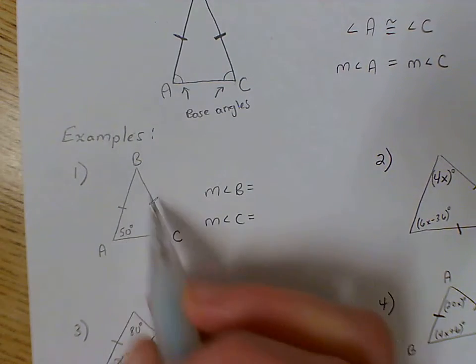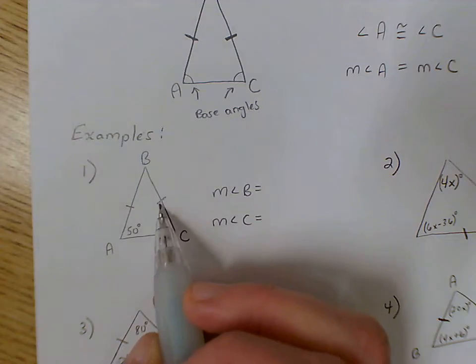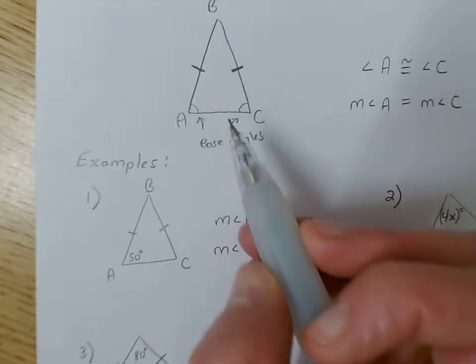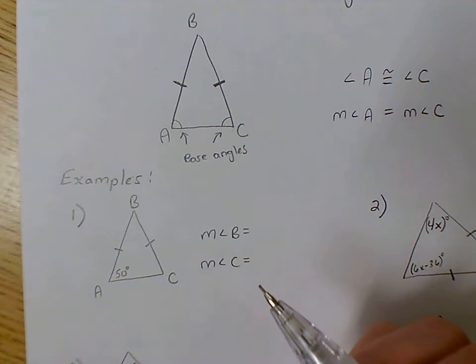When you're looking at a triangle, if they show you that two sides are equal, you automatically know that the angles opposite of them will be equal to each other.